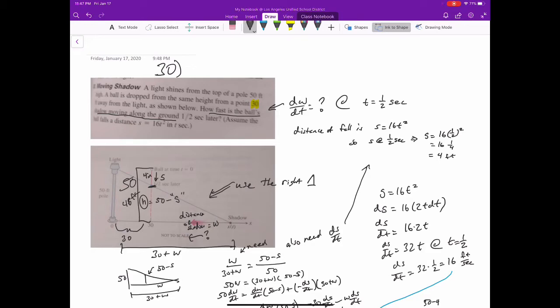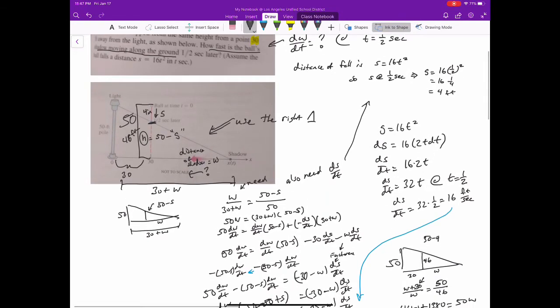Okay, so I drew a very simple model here to help us out. If you look down here, this is our big triangle.